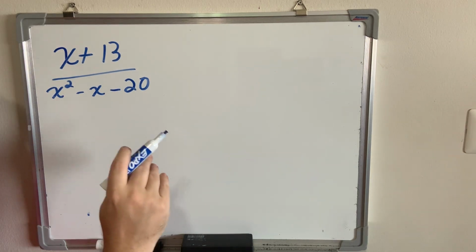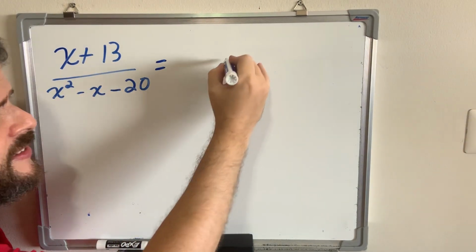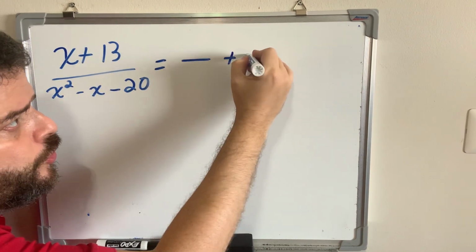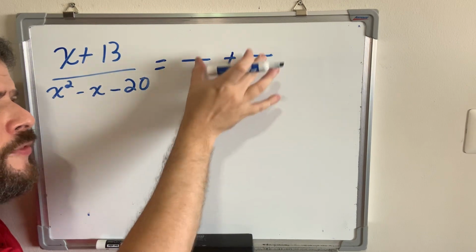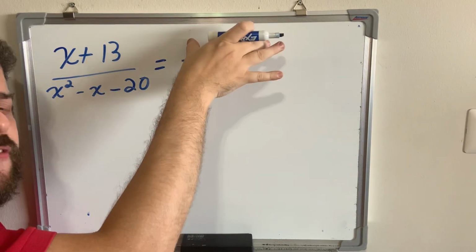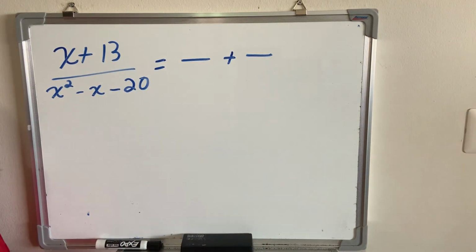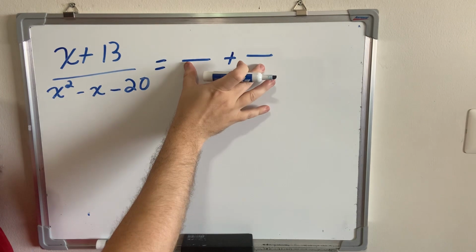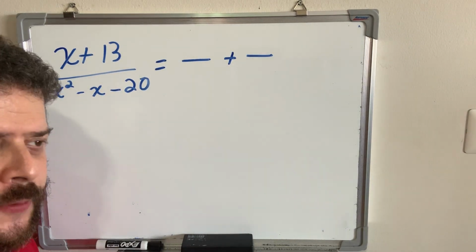So what you do is, step 1, you always write this as the sum of two fractions. You're always going to begin like that. The sum of two fractions. And what I have to do is find the numerators and find the denominators. So once I write this as the sum of two simpler fractions, you're going to factor the denominator.